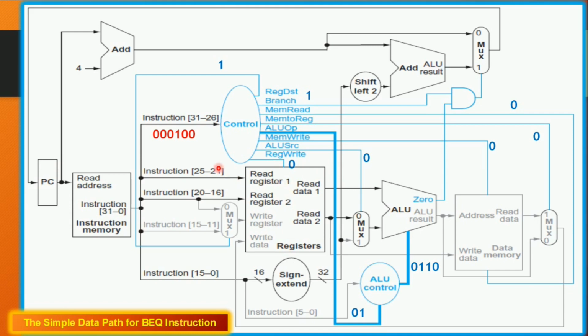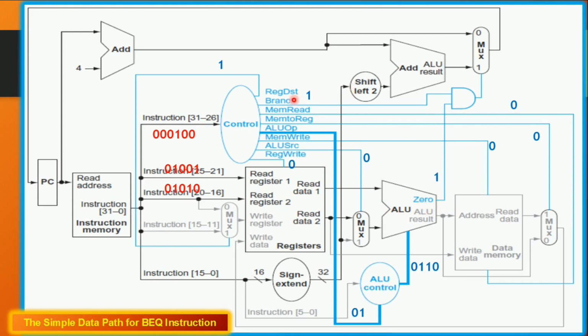So now I have to compare RS as well as RT based on the register number. These two register numbers will be checked inside the register file. From those registers, the data will be fetched and loaded to the ALU for comparison. Subtraction will take place based on the control signal. If both the data inside these two registers are the same, then the ALU will produce a result 0. If my ALU result is 0, the zero signal will be asserted.